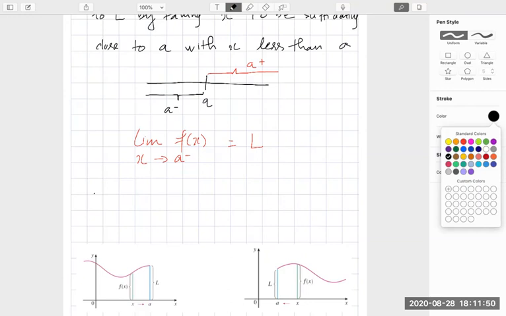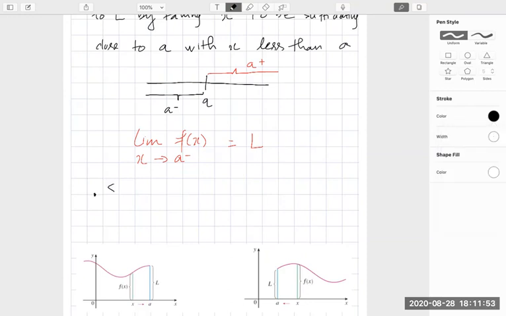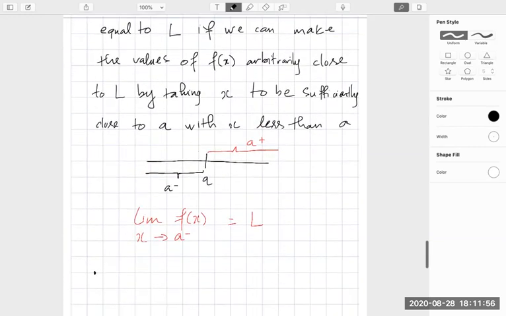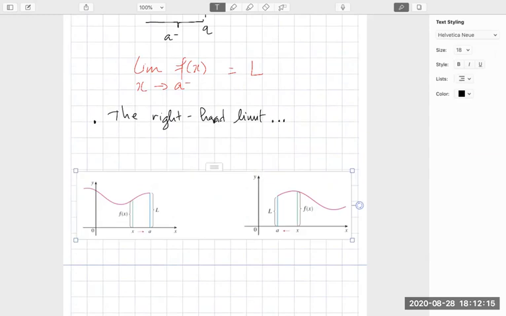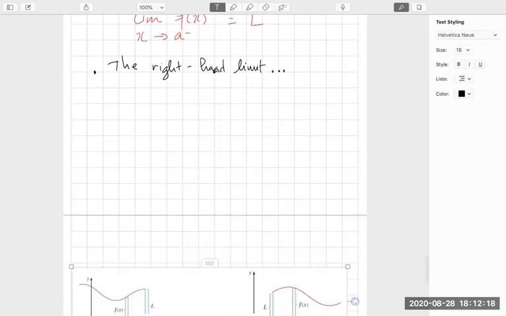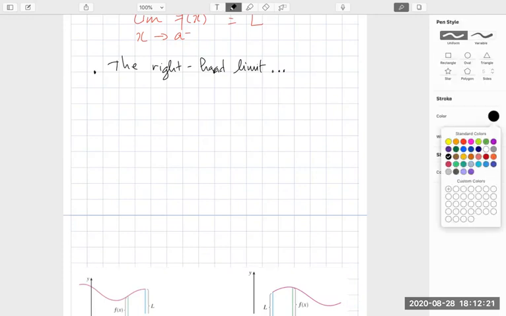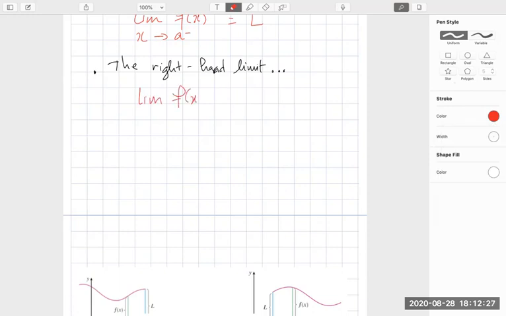Similarly, the right-hand limit is similar, which we write it, limit of f of x as x approaches from the right-hand side is equal to L.